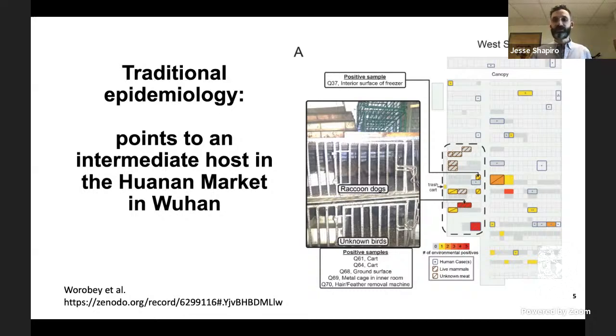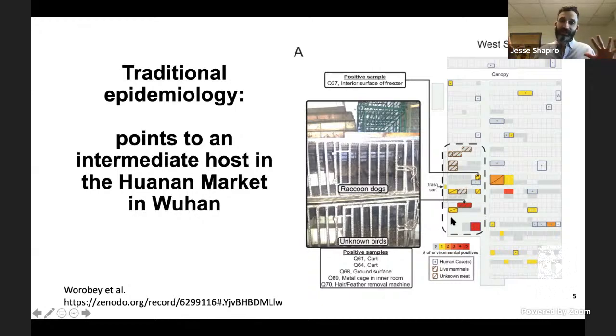And what this figure shows is kind of a heat map. So this is just a floor plan of the market. And the coloring from gray to red is from surface swabbing and then PCR positive for viral samples. And so you can see that there's really a clustering around this part of the market.